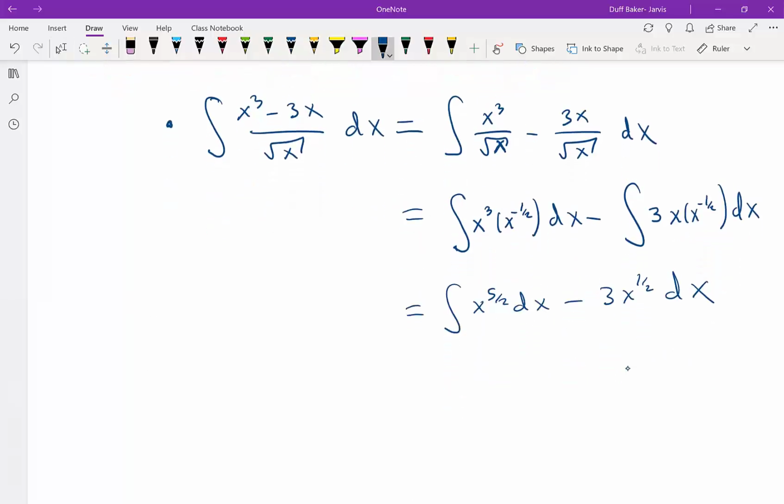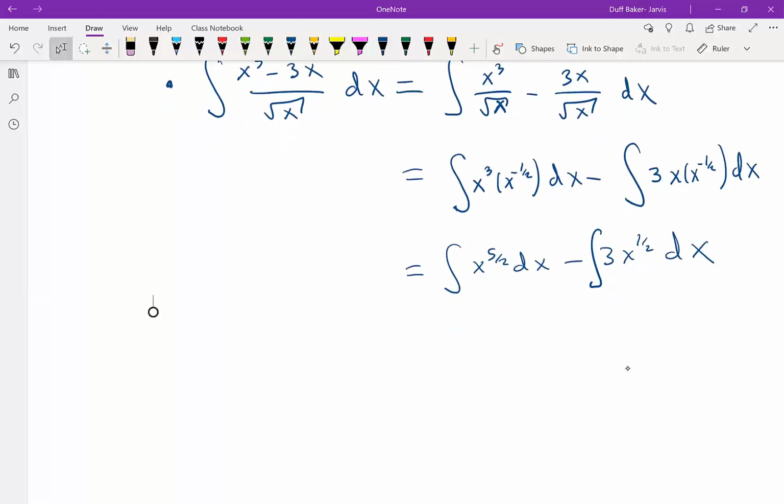Oops, I forgot an integral sign here, integral. And so when you take the antiderivative, right, you use the inverse power rule, which says you would add 1 to the power. That would go up to 7/2. Then I divide by the new power. So that would be dividing by 7/2, which is the same as multiplying by 2 over 7.